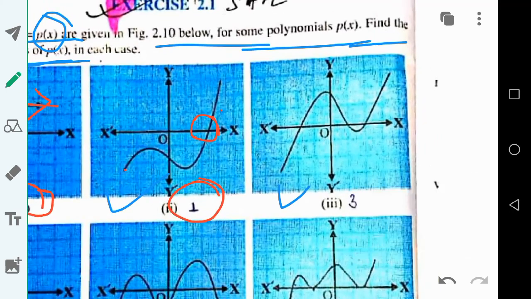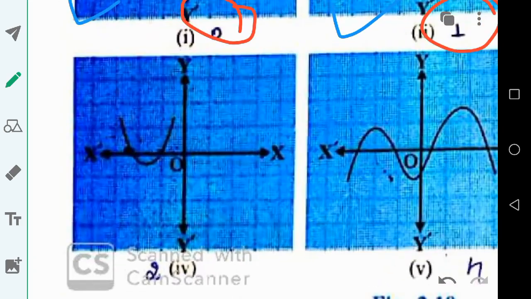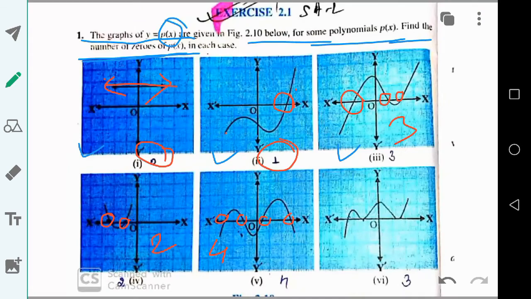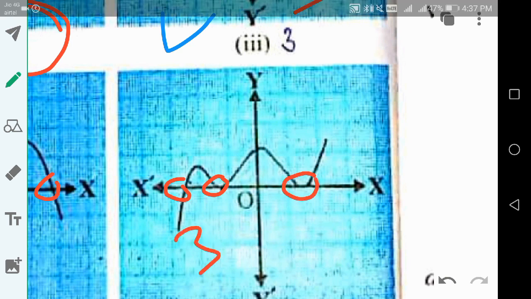The third graph is intersecting the x-axis at 3 different points, so the number of zeros is 3. This graph is intersecting the x-axis at 2 different points, so the number of zeros is 2. Here you see 1, 2, 3, 4, so the number of zeros should be 4. And here 1, 2, 3, so the number of zeros is 3. That's how we can solve. It's very simple. Hope you have understood this.